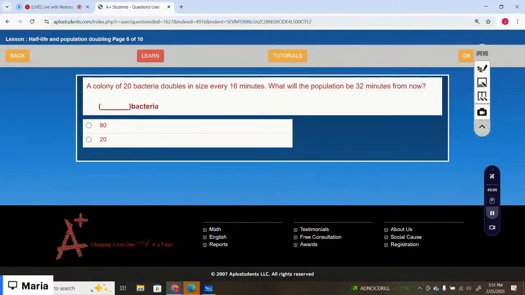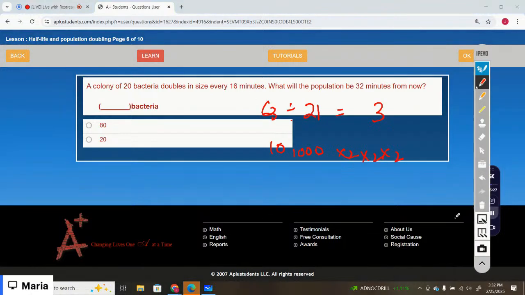A colony of 20 bacteria doubles in size after every 16 minutes. What will be the population in 32 minutes from now? So it will double itself after every 16 minutes. So 32 divided by 16 is 2. That means until 32 minutes, it will double itself 2 times.